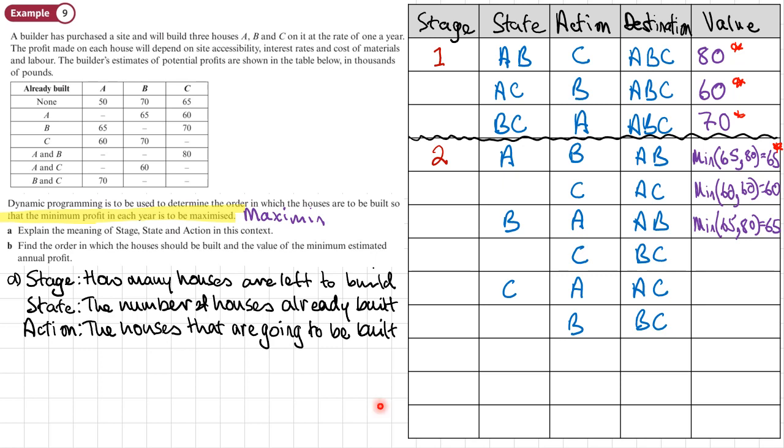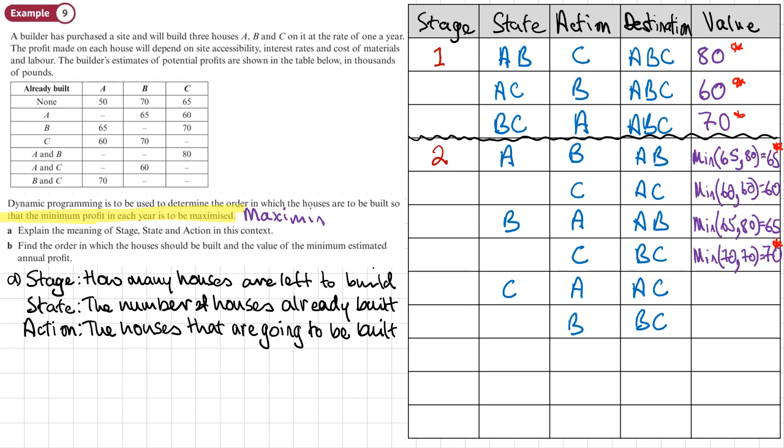And again, in this column, we've built house B, we're going to build C, so that's going to be 70. That's this value here. So min 70, and BC from the previous state is going to be 70. So the minimum of 70 and 70 is just going to be 70. What do we want? We want the maximum of these minimums, and that's going to be the 70.